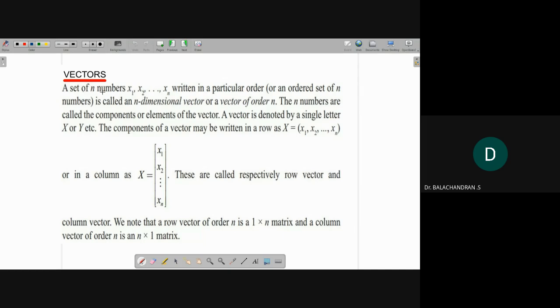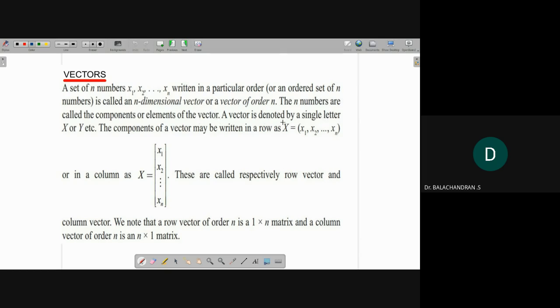A set of n numbers x1, x2, xn written in a particular order, or an ordered set of n numbers, is called an n-dimensional vector or a vector of order n. The n numbers are called the components or elements of the vector.